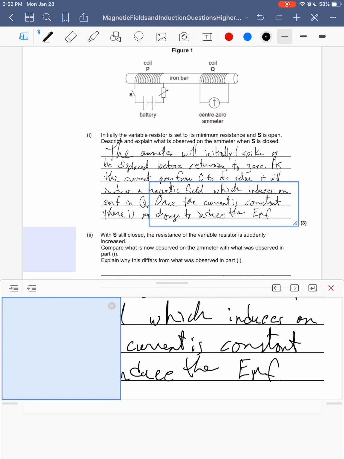But as soon as the current is constant, there's no more change. There's no delta phi. So we're not going to have an induced EMF in the second coil once that happens. So the key thing is that the initial reading goes back to 0 with the explanation. So describe and explain.